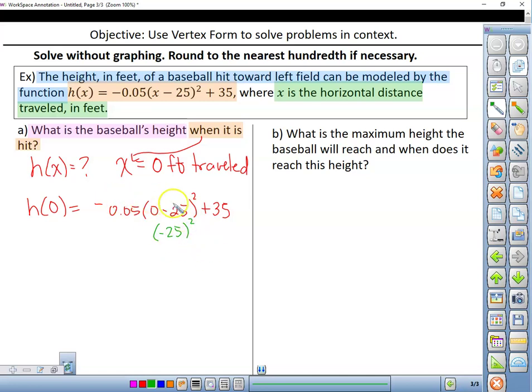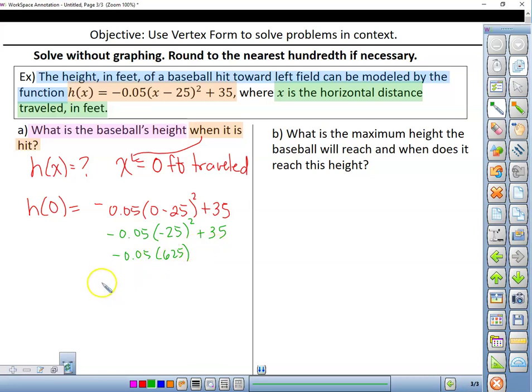You can do this all at once actually in your calculator. Just type in negative 0.05, put parentheses around your negative 25, then square it, and then do plus 35. If you want to do it piece by piece, you can. You'd get a positive, remember, here of 625. Then multiply those and add.